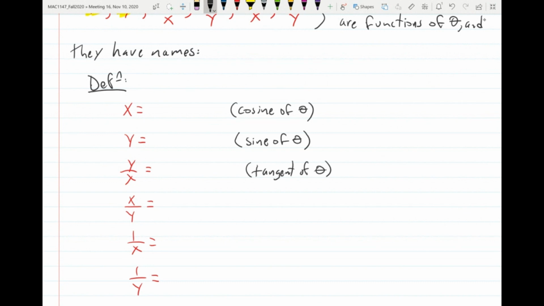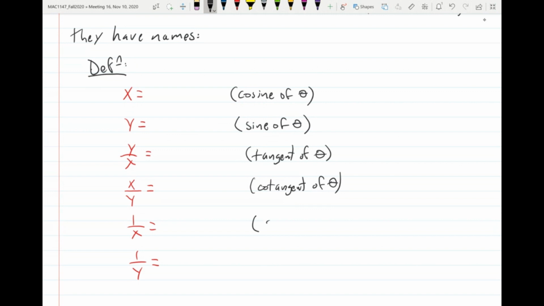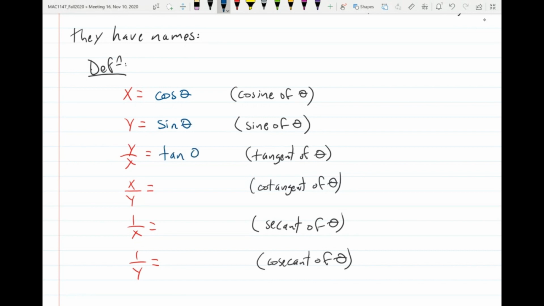x over y, we call cotangent of theta. 1 over x, we call secant of theta, and 1 over y, we call cosecant of theta. The notations that we use are the following. You already know cosine and sine. For tangent, it should not come as a surprise: we use TAN.